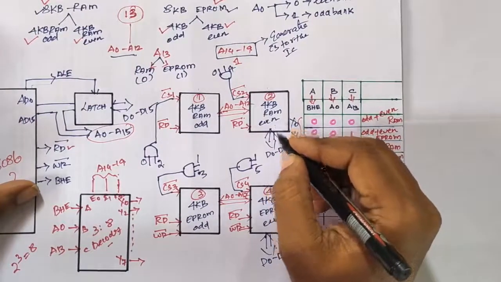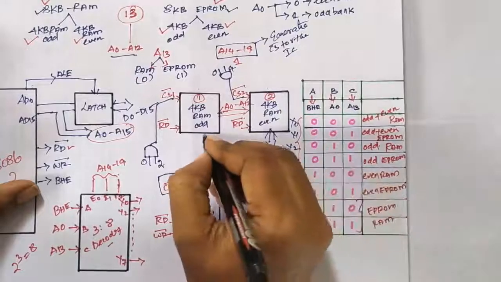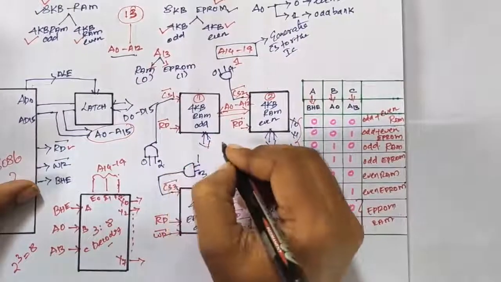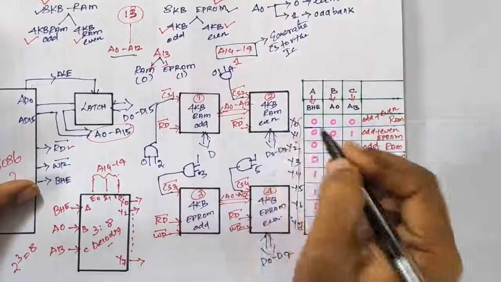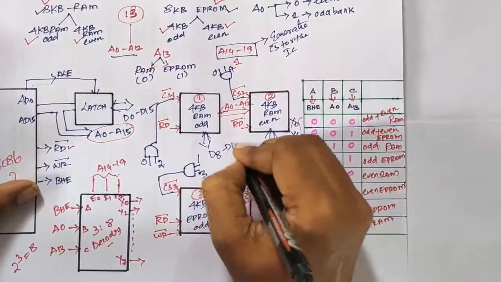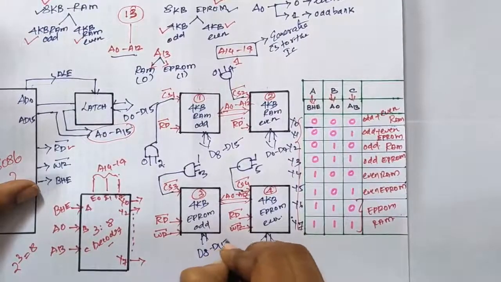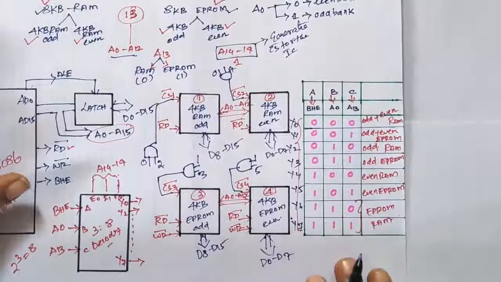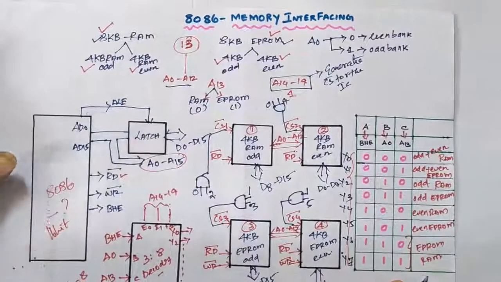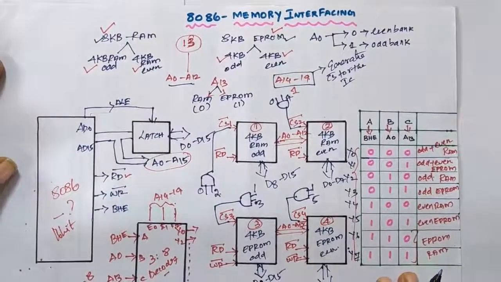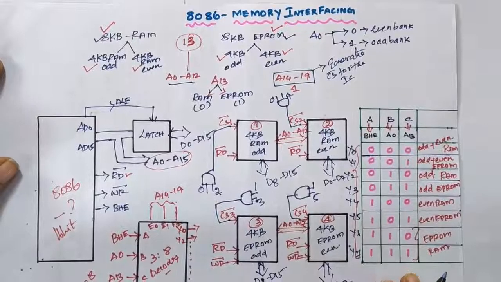Commonly, the even bank memory contains the lower order data, and the odd bank memories contain D8 to D15. Here also D8 to D15. So this is the procedure we follow to interface the memory with the Intel 8086 microprocessor.